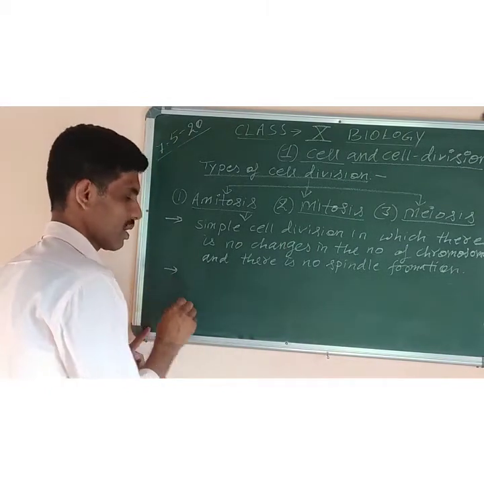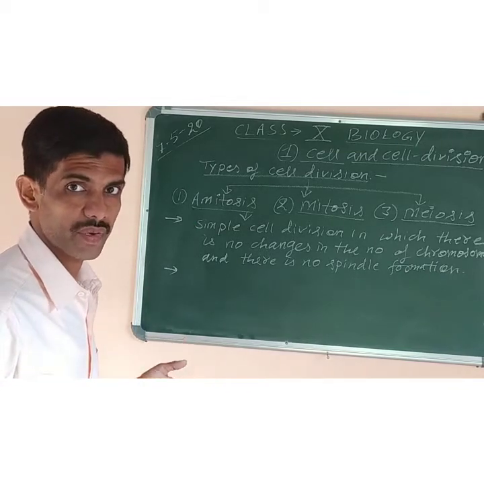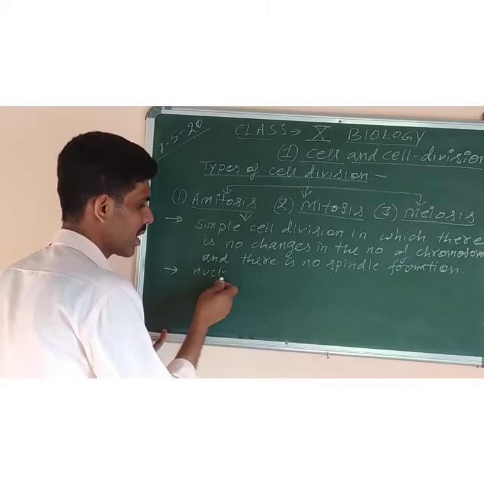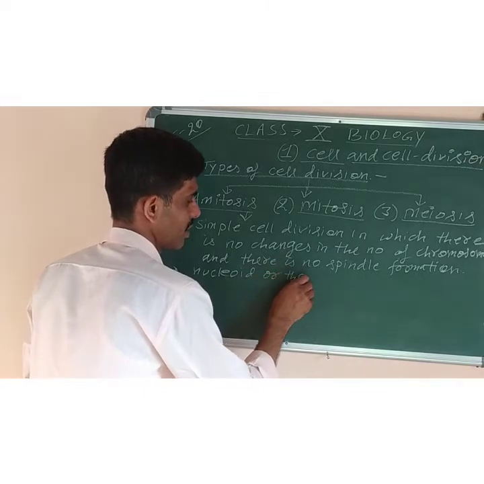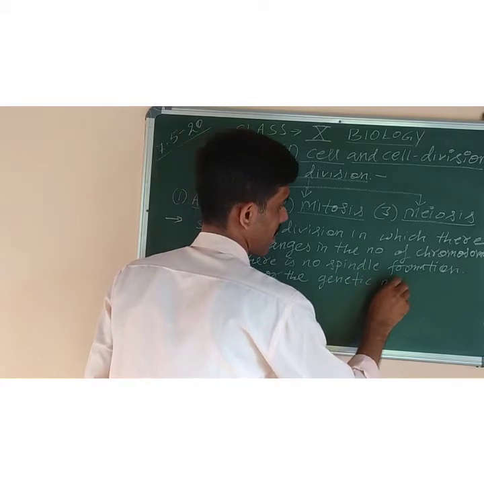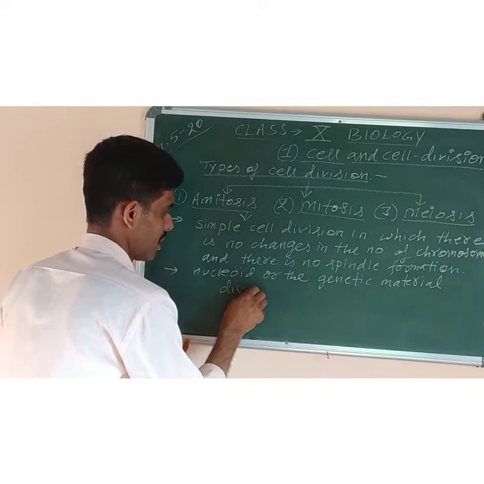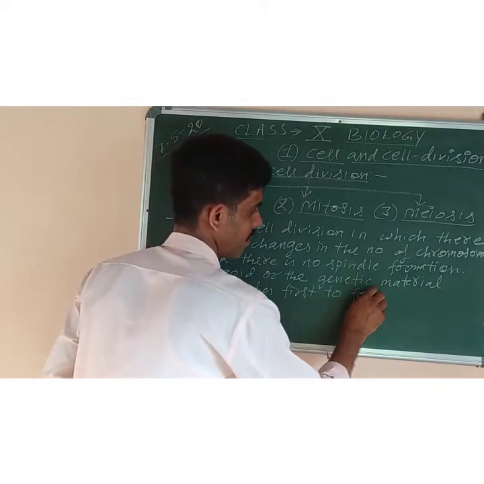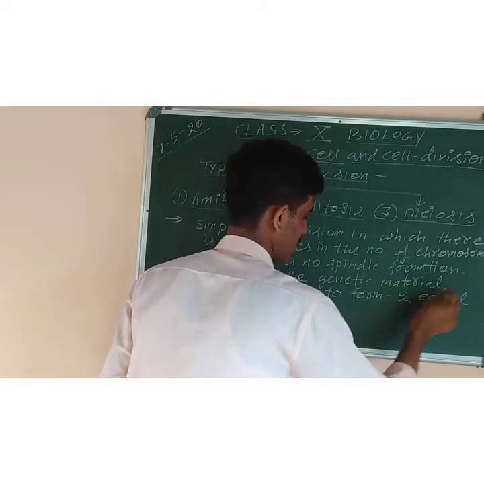What happens? First of all, in this amitosis cell division, the nucleus will divide first. So the nuclear division, or the genetic material called nucleoid, divides first to form two equal copies.